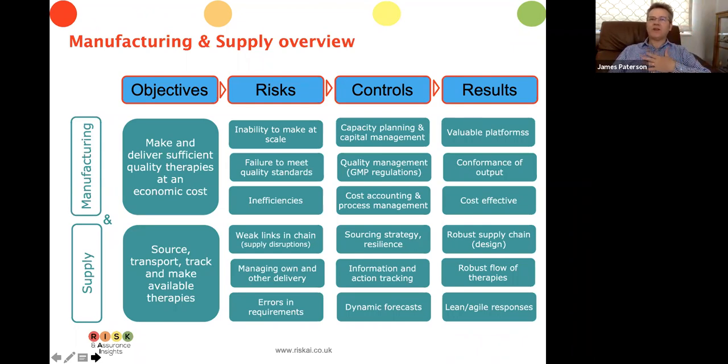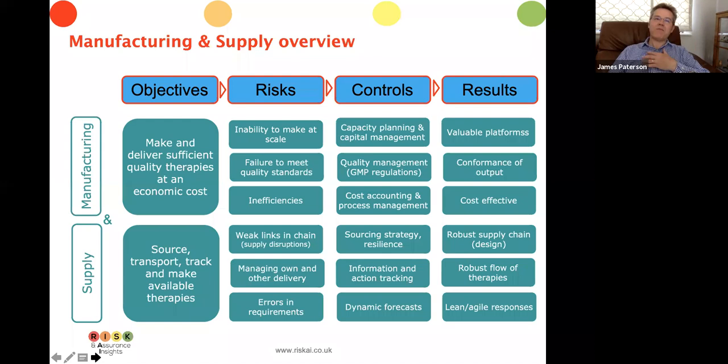And the role of internal audit there is to work with and sometimes challenge the people making these forecasts, so that we can really make sure every country has got the right number of packs in the right location at the right time. That's the level of challenge that we have to help the pharma organisation meet.